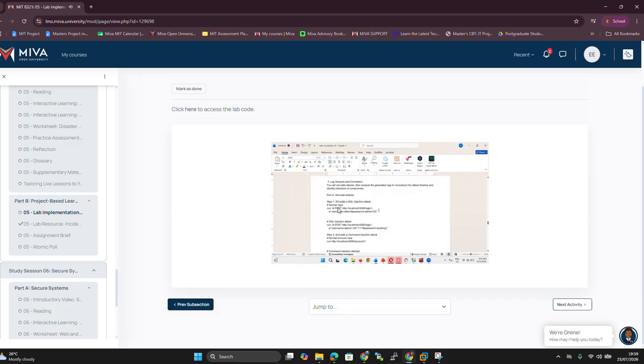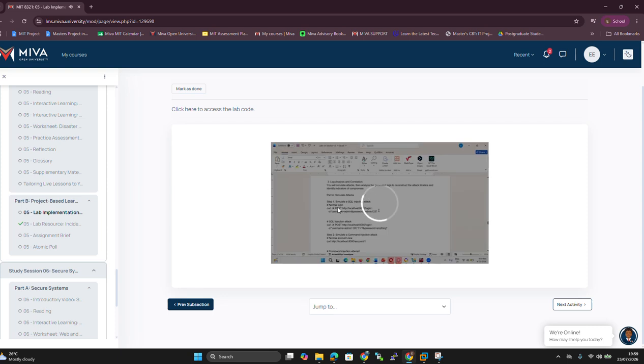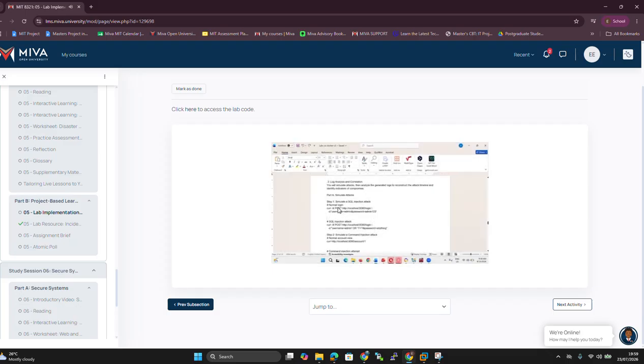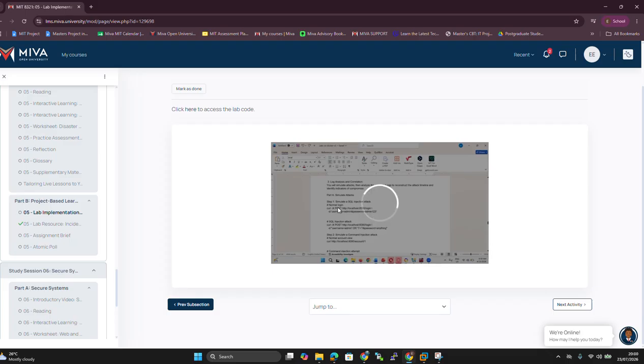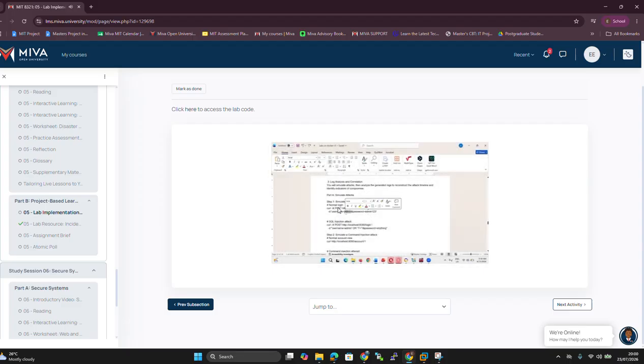The normal login user, when you run this, it typically logs you in, because this one has a default username, which is admin, and a default password, which is admin.